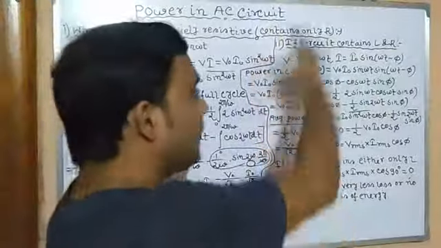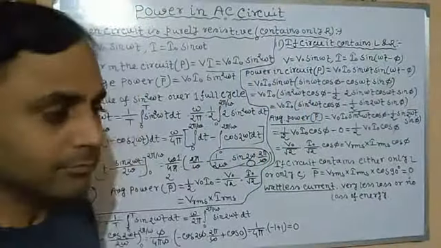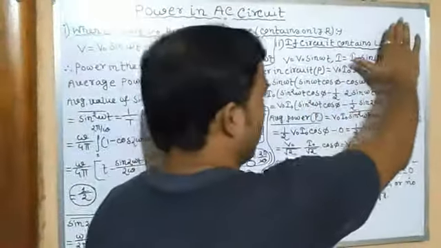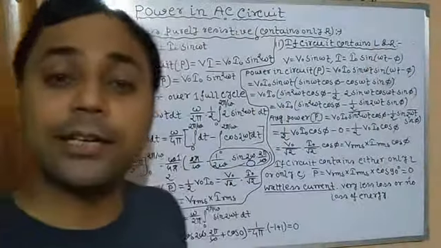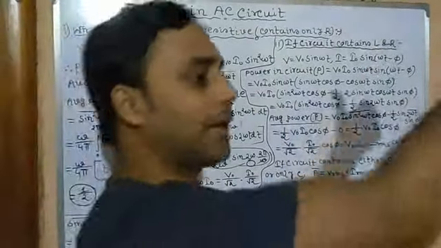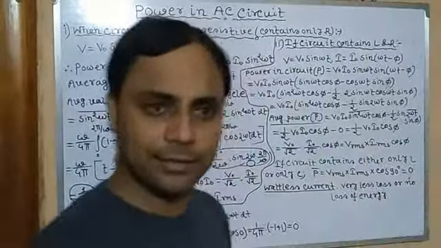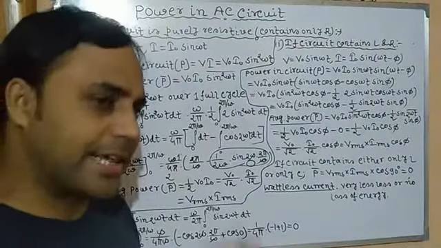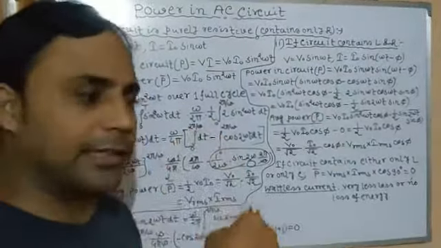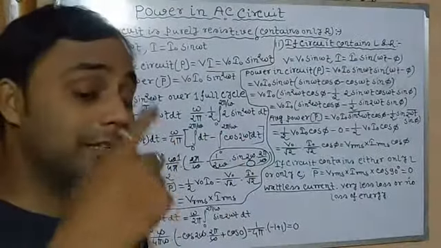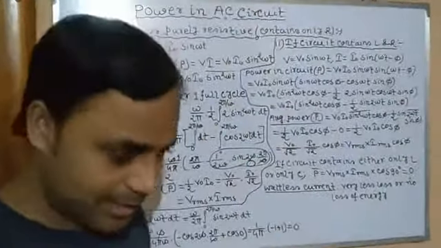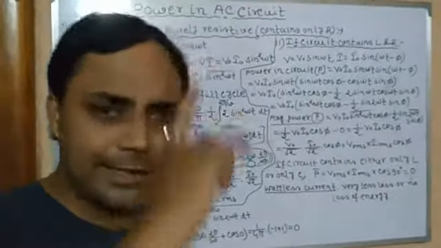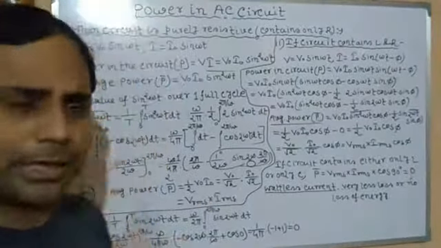Now next, if the circuit contains L and R. If it contains only L, we all know that voltage is ahead of current by 90 degrees, plus 90. Or, since we always calculated the equation of current, I is equal to I0 sin omega t minus pi by 2, the current is lagging behind the voltage by 90 degrees.